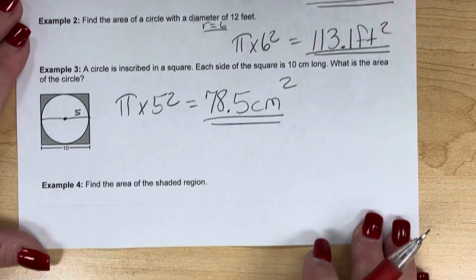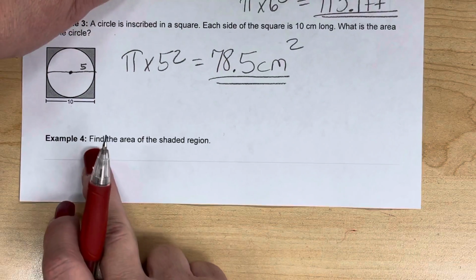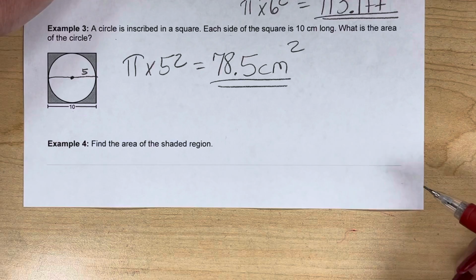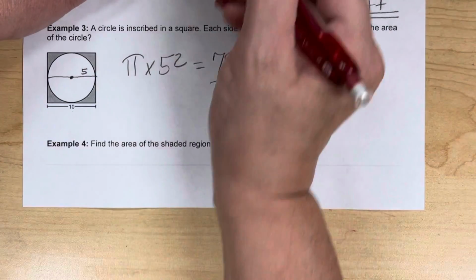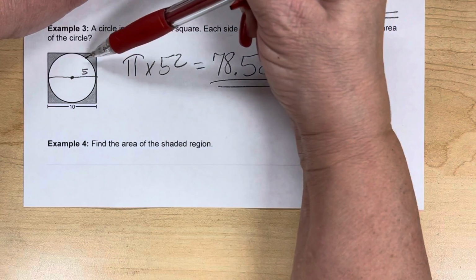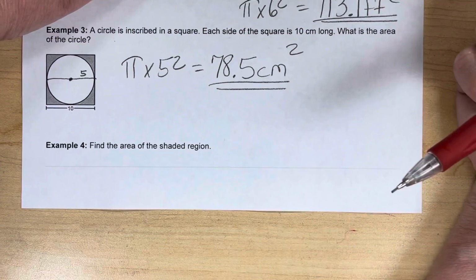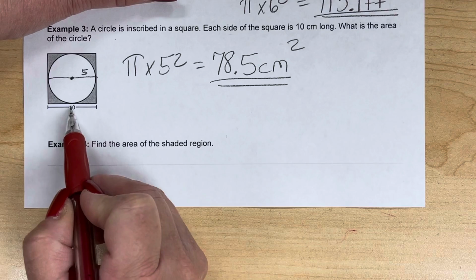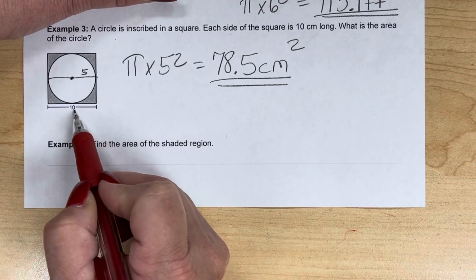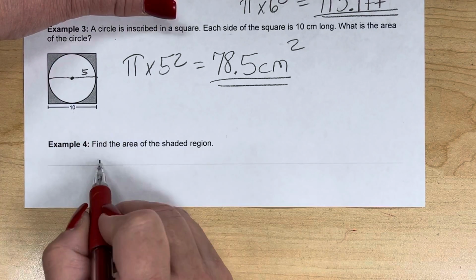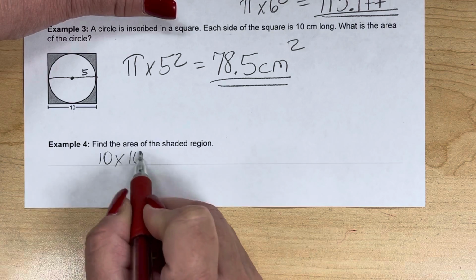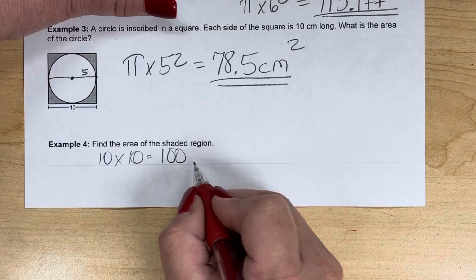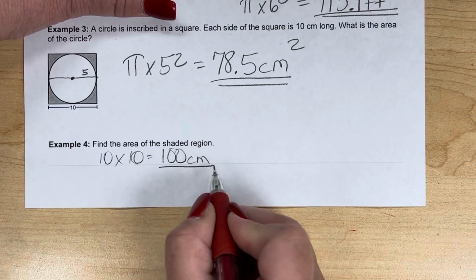Now it tells me to find the area of the shaded region. Now this is just like what we did earlier in our warm-up, except now we have a circle and a square. So I know that the area of the entire square would be 10 times 10, okay, which is going to be 100, all right? And they did tell me centimeters, so it's going to be centimeters for the whole thing.